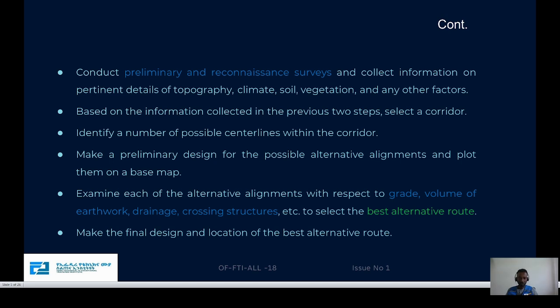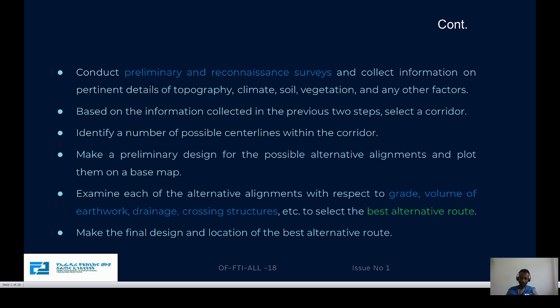Based on the information collected in the previous two steps, select corridors, identify the number of possible center lines within the corridors, and make a preliminary design for the possible alternative alignments and plot them on the base maps.